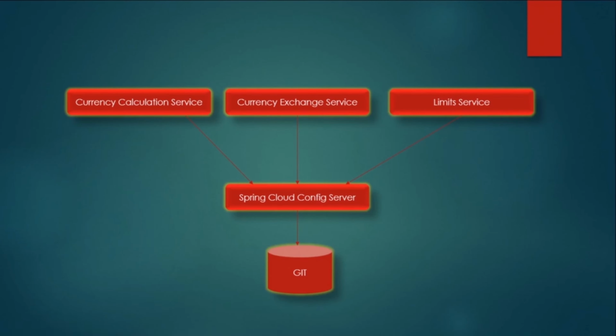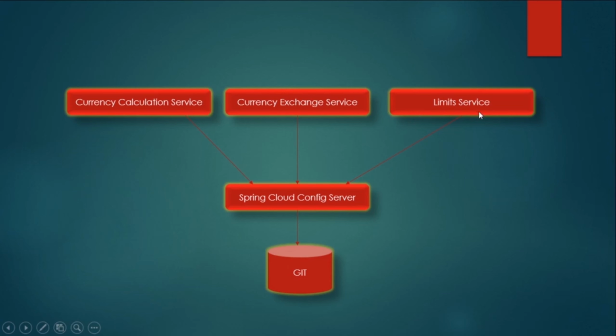Now let's review what we have done till now. We created a limit service. This limit service has a maximum and a minimum value that we first gave through application.properties. After that, we created a Spring Cloud config server, and we created a Git repository where we will be storing all our properties. So ultimately, we are picking all the properties from this Git through this Spring Cloud config server.